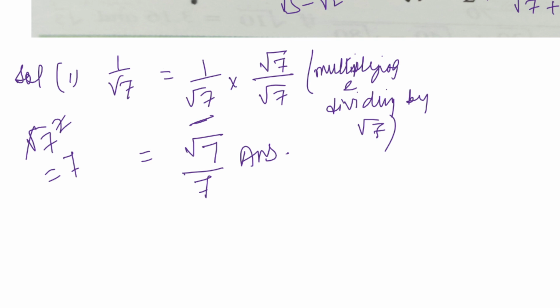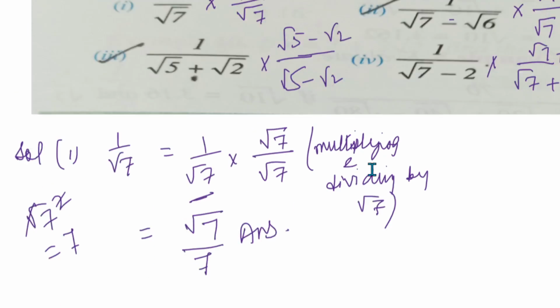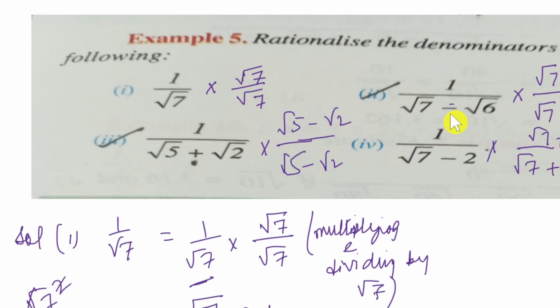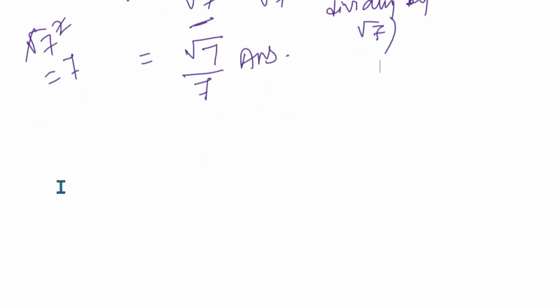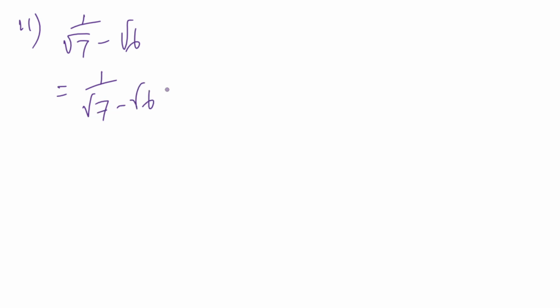What was question number 2? 1 by root 7 minus root 6. So I'll multiply the same one. 1 by root 7 minus root 6 equals 1 by root 7 minus root 6.